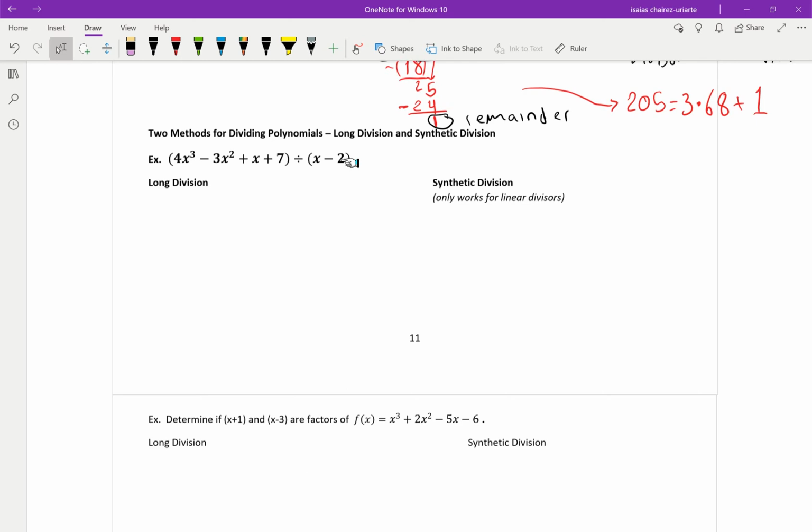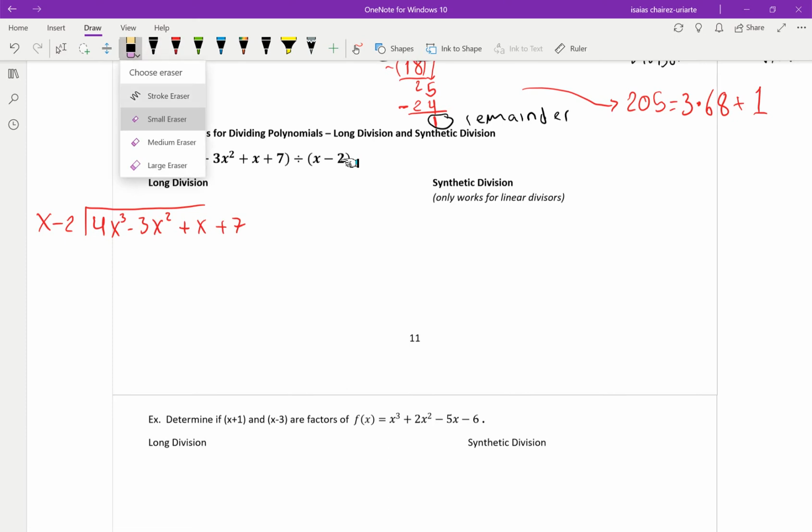So let's do the long division first. All right, so let me set it up. So x minus 2, 4x to the third minus 3x squared plus x plus 7. Okay. Now let's begin the division process here.